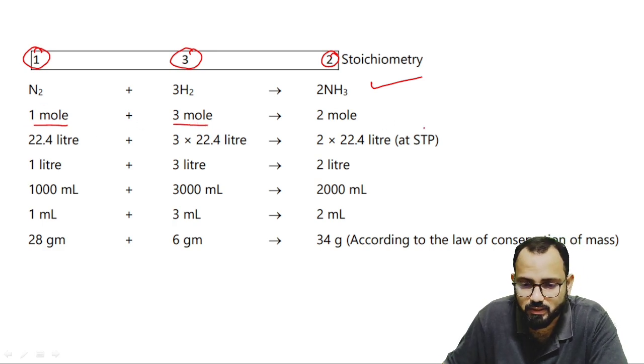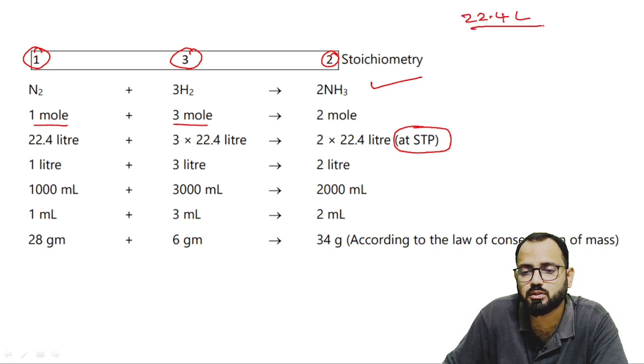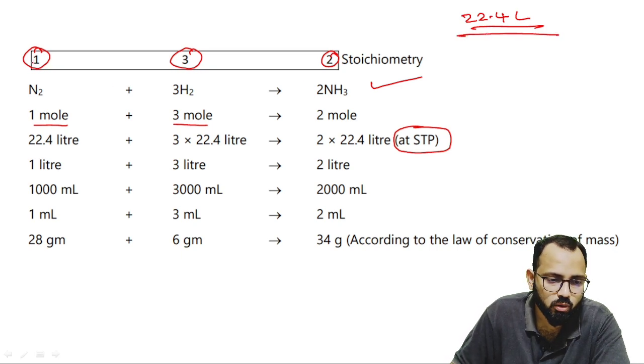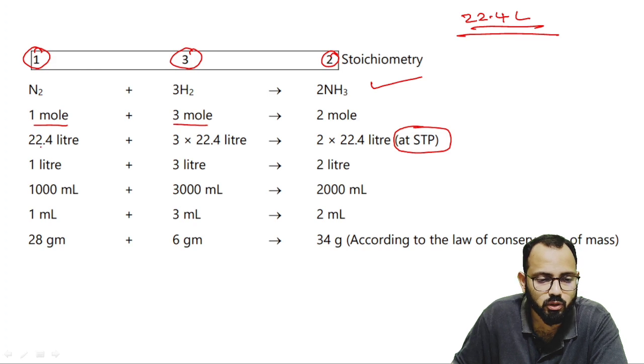Then at STP, if the condition is STP, we can say that 1 mole of a gas occupies 22.4 liters of volume. So this is 1 mole. We have represented it as 1 mole, so it's fine. So we can write 22.4 liters of nitrogen reacting with how many moles? 3 moles.